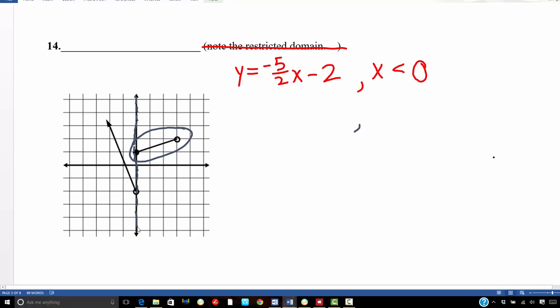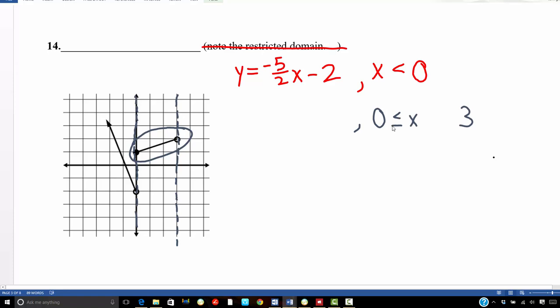So we only want the piece of this line that is in between 0 and 3. So it's all the values where x is greater than or equal to 0, and also the values for x that are less than 3.